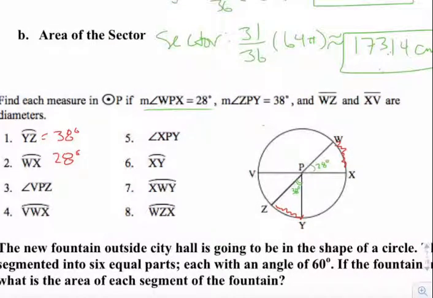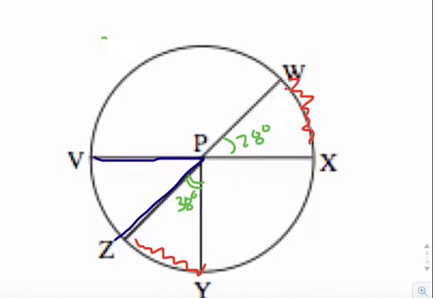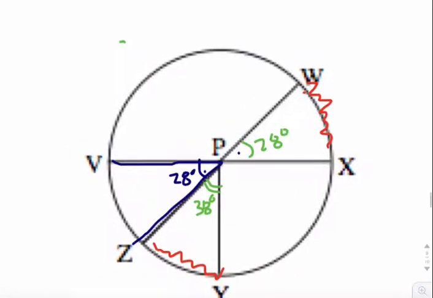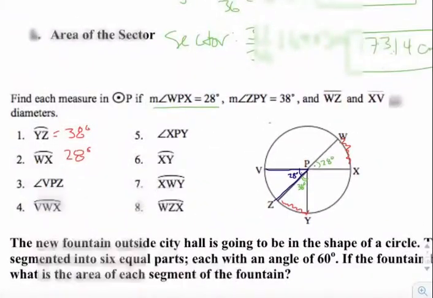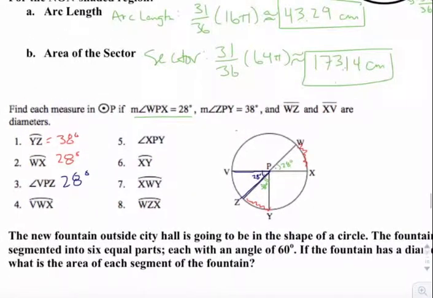Now we want the angle VPZ. One thing we can look at is this being a vertical angle. So if that's 28, this one's got to be 28 degrees as well. This is now asking for an arc.